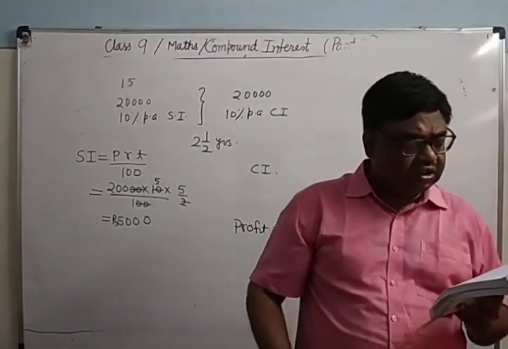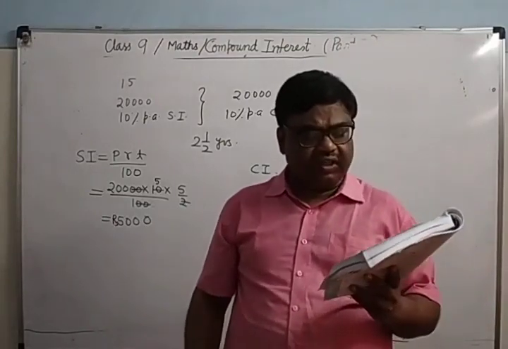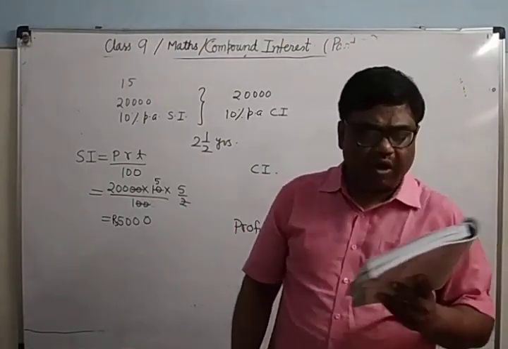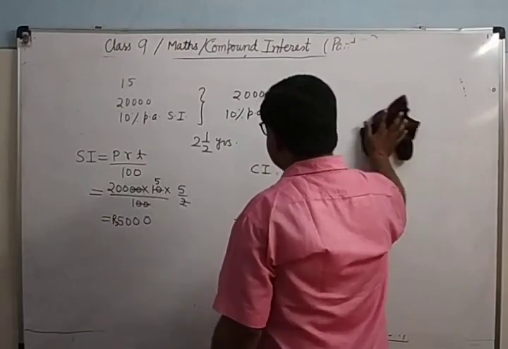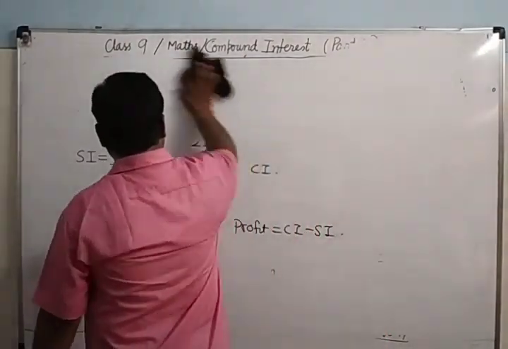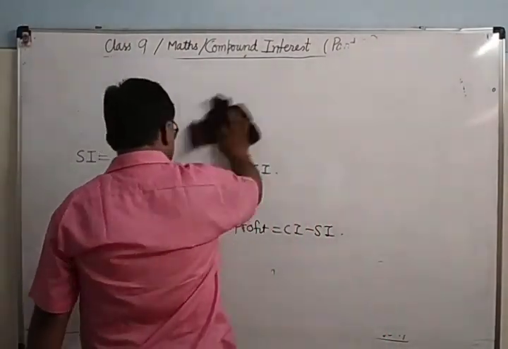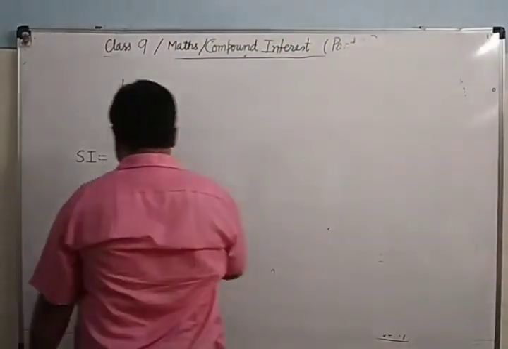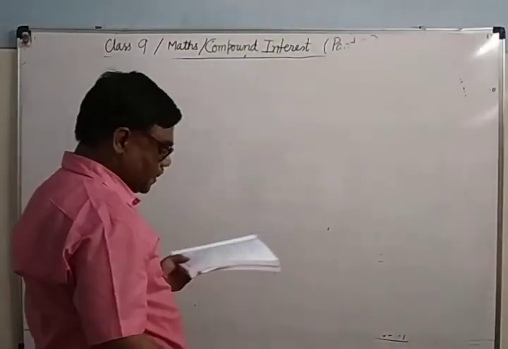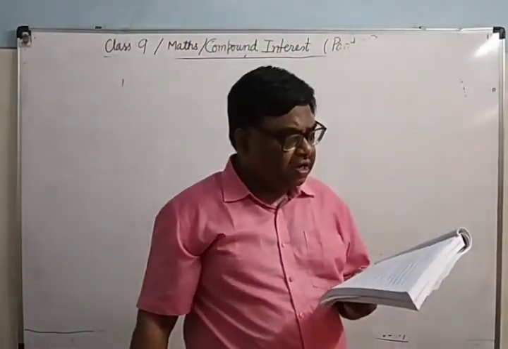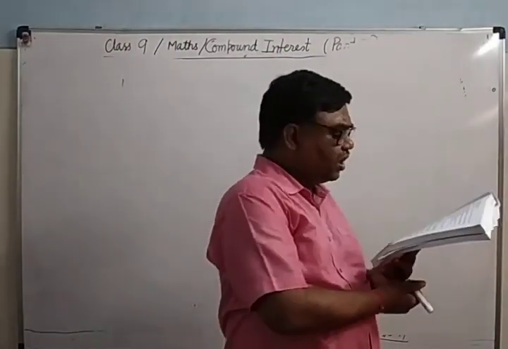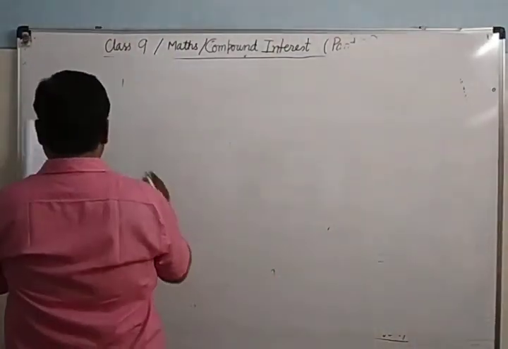Now see here. After this you see question number 16. A man borrows rupees 6,000 at 5% compound interest.